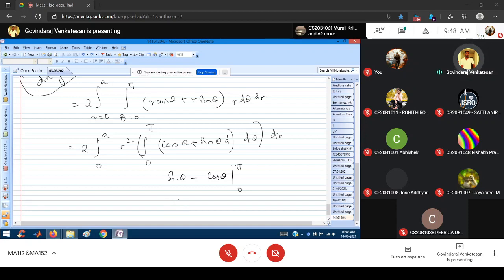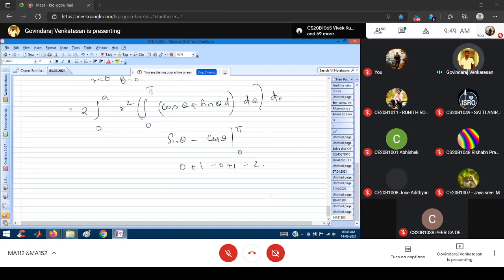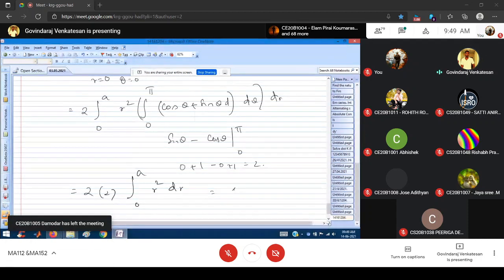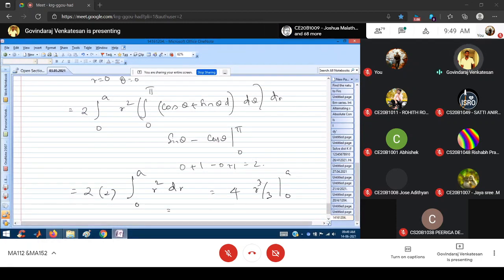What is the value of sin pi? Sin pi is 0, minus cos pi is minus 1, so plus 1, minus sin 0 is 0, minus cos 0 is 1, plus 1, so the value is 2. So it's nothing but 2 times, again one more 2, integral over 0 to a of r square dr. So 4 times r cube by 3, 0 to a. So this entire answer is 4a cube divided by 3.